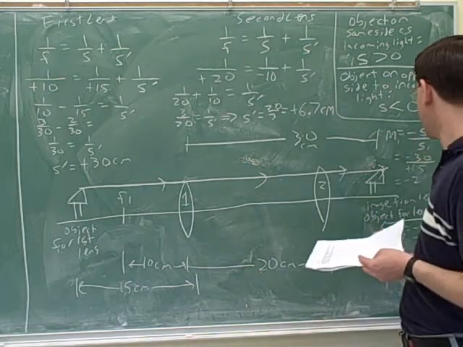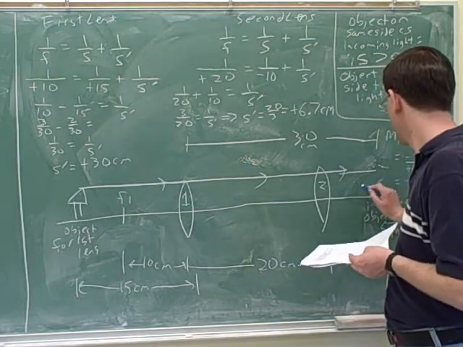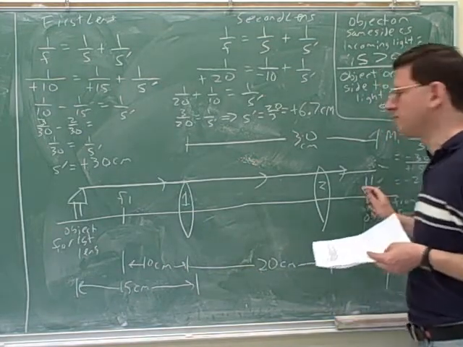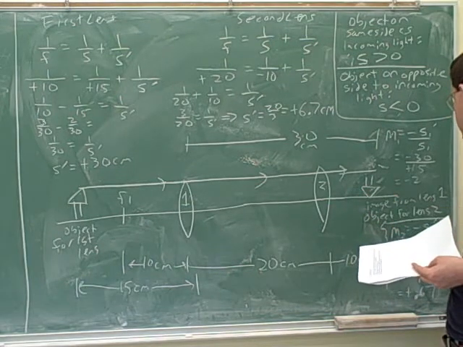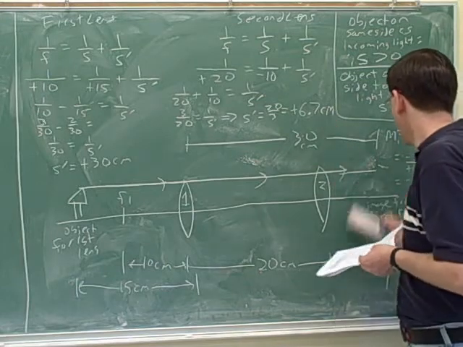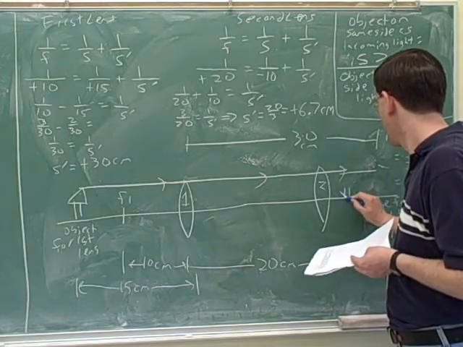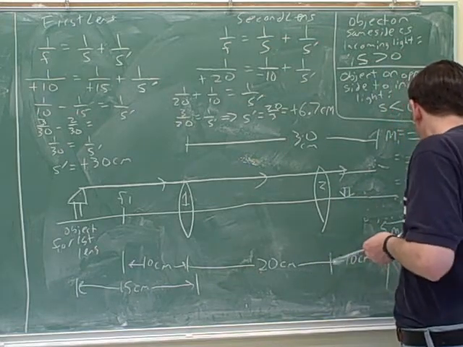So maybe I should be keeping track of things here. Here's the image from the first lens. It would be below the axis, but I'm out of room. So here's the image from the first lens, and now I'll put it over here.